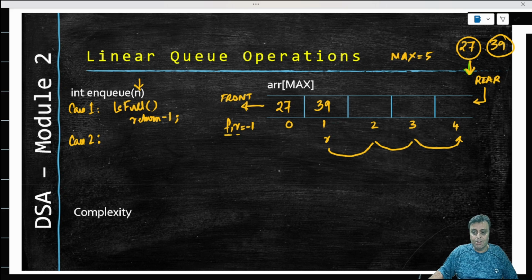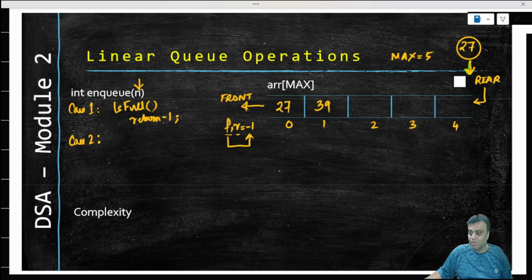But where is our front? Our front is still at -1. Don't you think our front should be here? Our front should be at 0 always, right? And when I say always, of course, if you have not done a dequeue operation, we'll come to dequeue in the next slide. But when we are starting this operation and 27 is the first element getting inserted, let us go back to the first situation where 27 was supposed to be inserted.